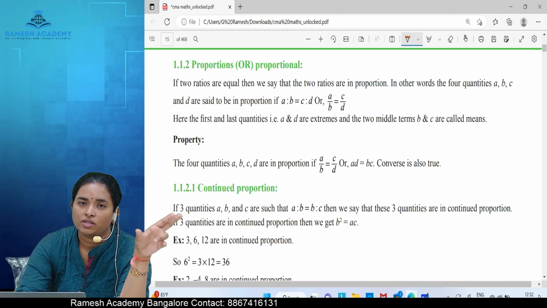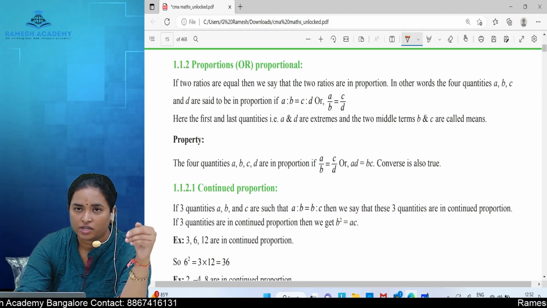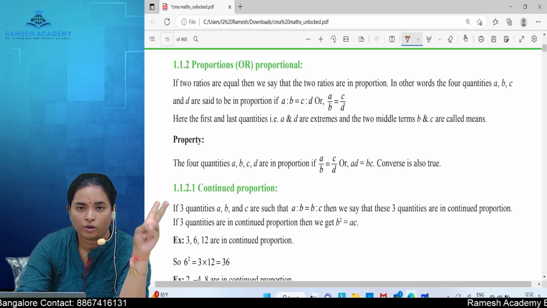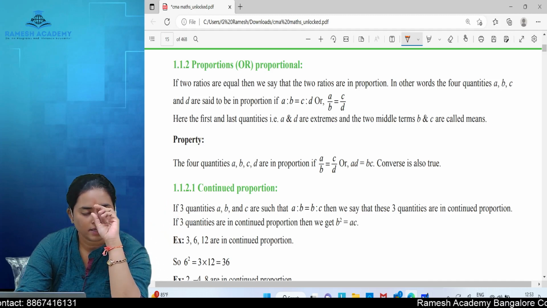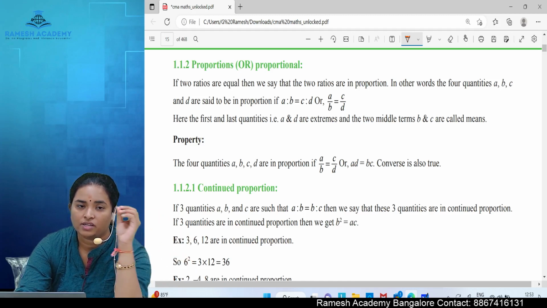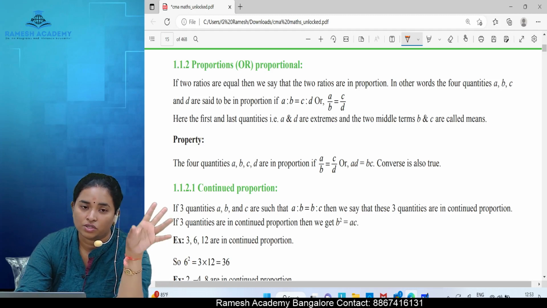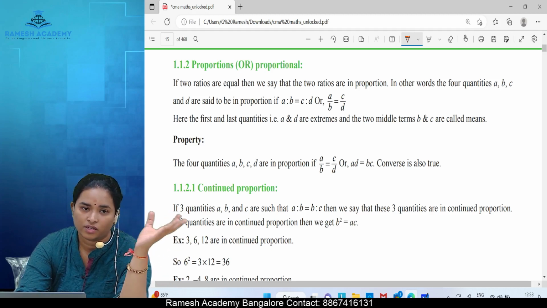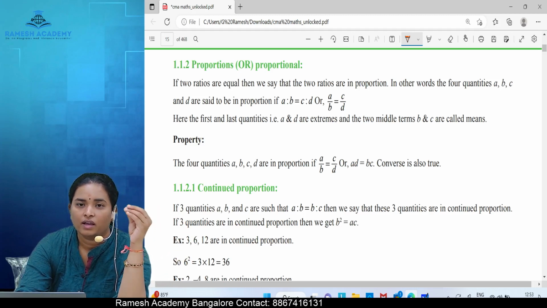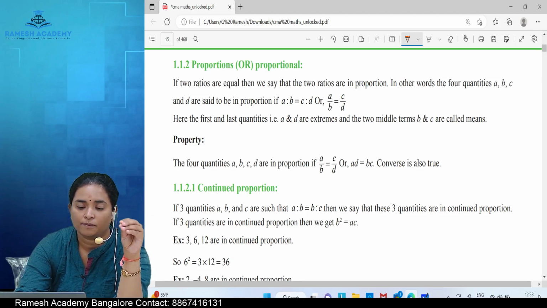Now 1:3 I have taken, that is the ratio of 2 quantities. Let's take the example of dosa batter: 1 quantity of rice, 1 quantity of urad dal, 1:3. If it should be soft, we will use 1:3.